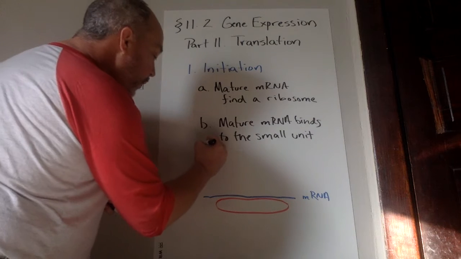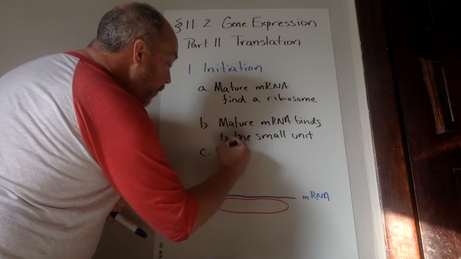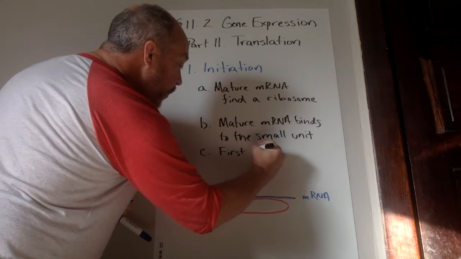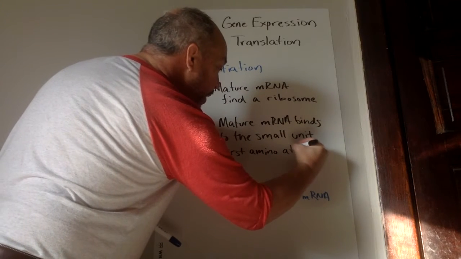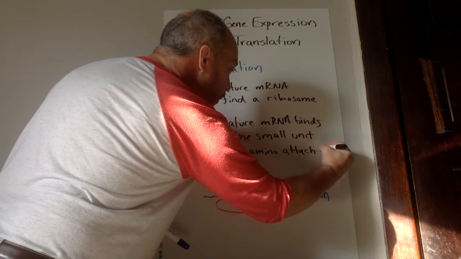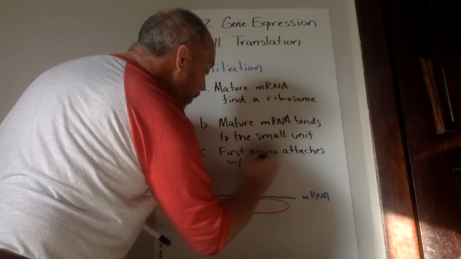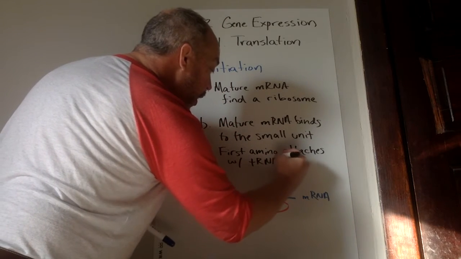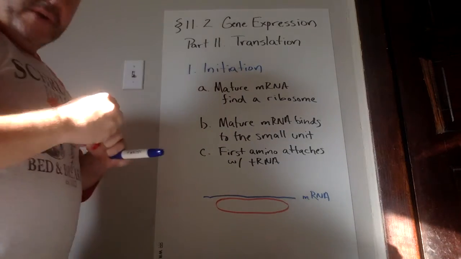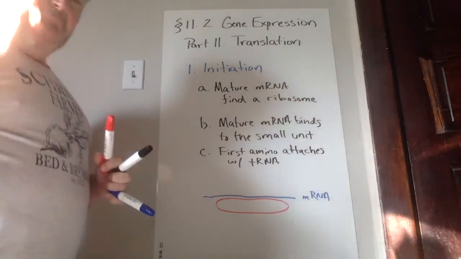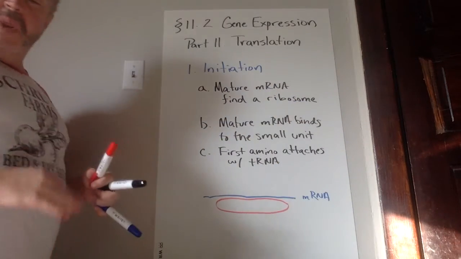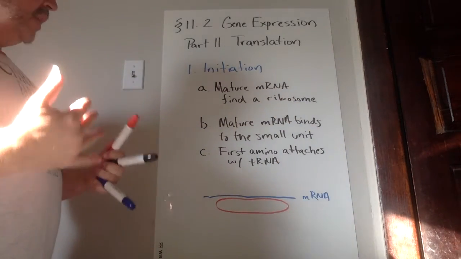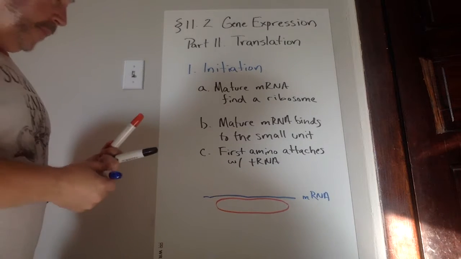Then the first amino acid attaches with a tRNA. Now it turns out that the beginning of every sequence is going to start with the same 3 letters of the code. I'm not too worried about that now. Let's just get the general idea down.